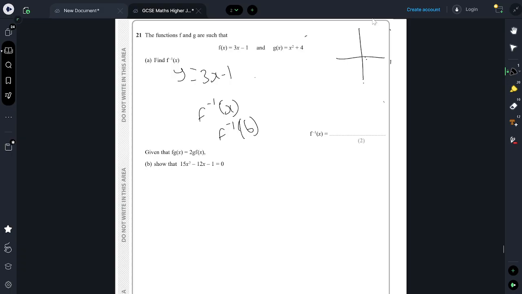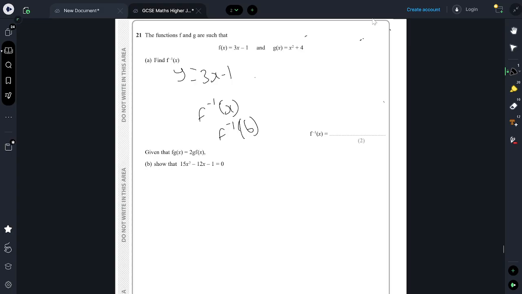So if I have a point here, it goes there, because the x and the y are changing places. It's on the x-axis, now it's on the y-axis. The x and y change with each other if you reflect in the line y is x. Okay, so that's the explanation behind that.